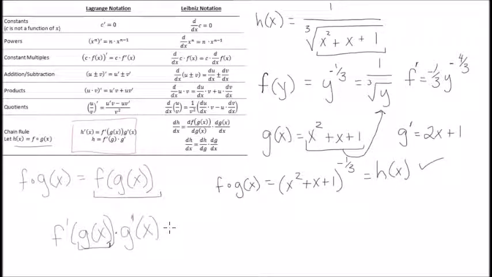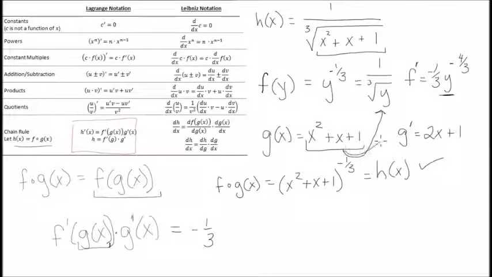So now I'm going to apply the chain rule. So I take first the derivative of f, and I'm plugging in g of x for y. Okay, so I have here the derivative of f of y was negative 1/3 y to the negative 4/3.